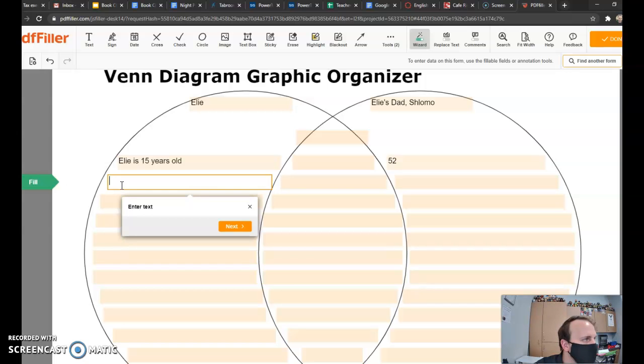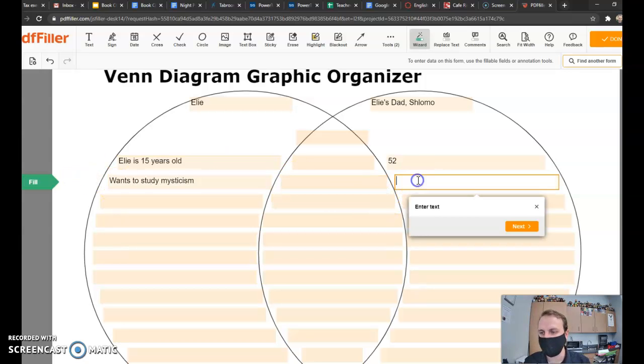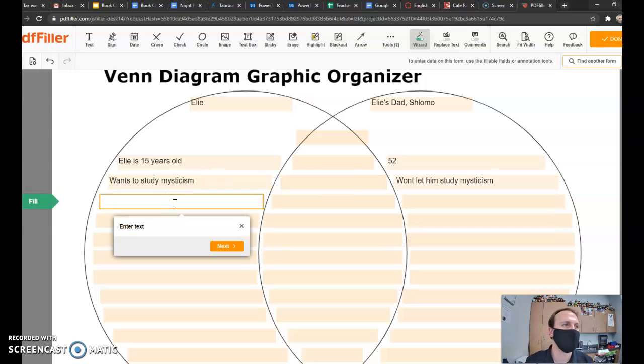Do you remember that? Yeah, he wanted to study mysticism. And his dad won't let him study mysticism. Which means what? Let's go a step deeper.